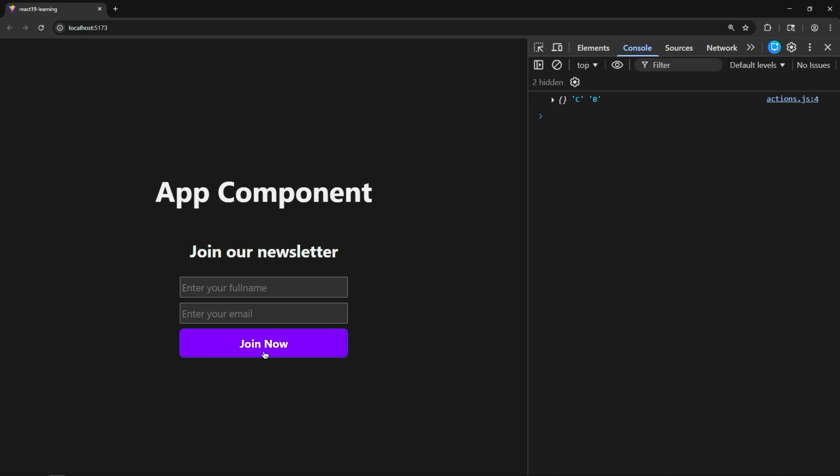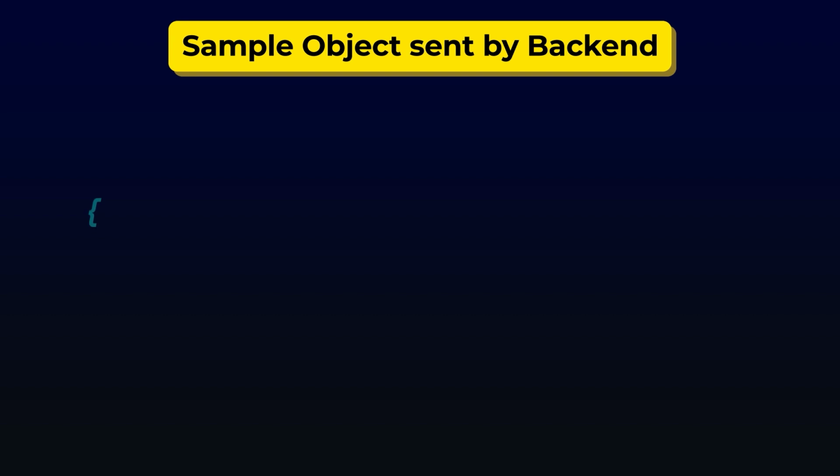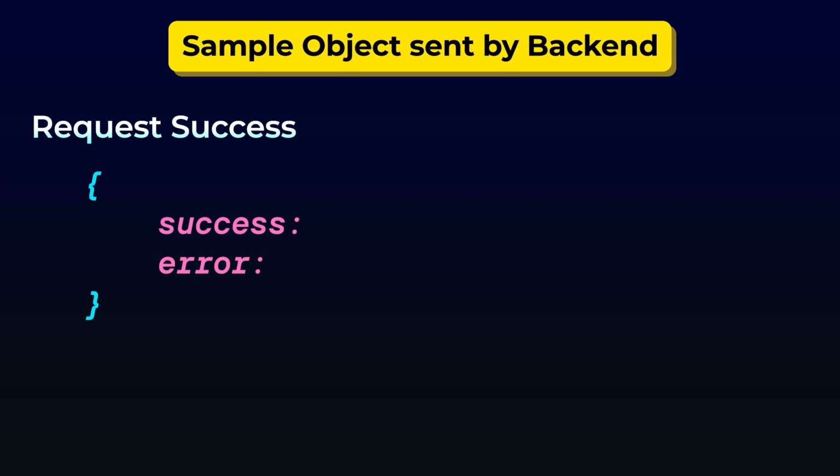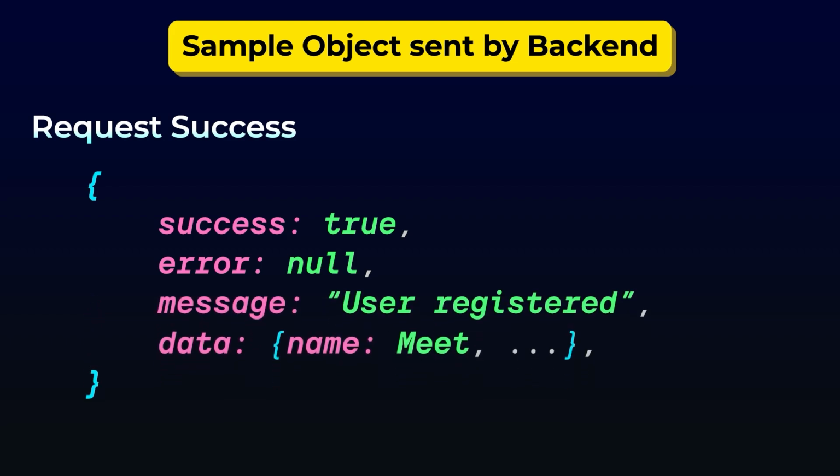Now let's see how to display success of the form and also error of the form. For success and error, most of the time the server returns an object with success and error properties like this. If the request is successfully done, then success is true, error is null or empty, and if they want to return data, then they will also add it here.